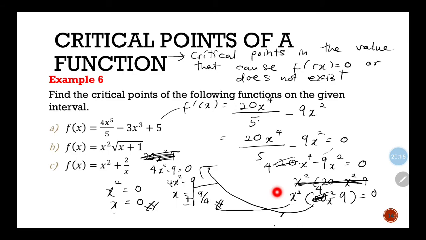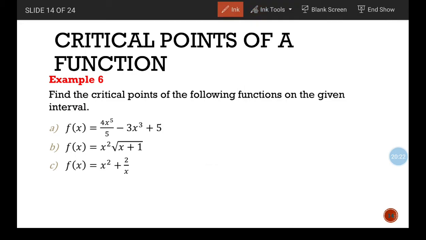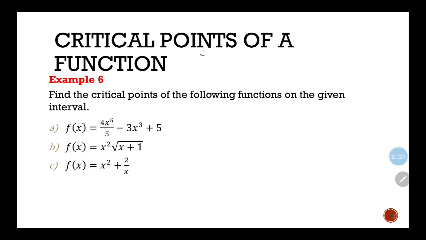Now we want to try to solve question 6b. So f x here is x squared, and we can rewrite it like this, x plus 1 to the power of half. Looking at this equation, do you know which formula to use?